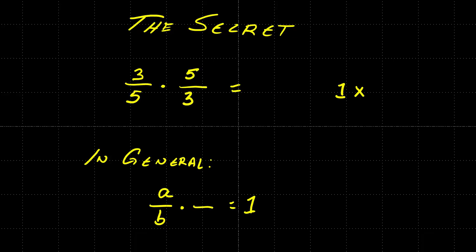The reciprocal means just flip this number over. The 5 would go into the numerator, the 3 would go into the denominator, and then we multiply using the rule for multiplying fractions, and that would give us 15 over 15 equals 1.